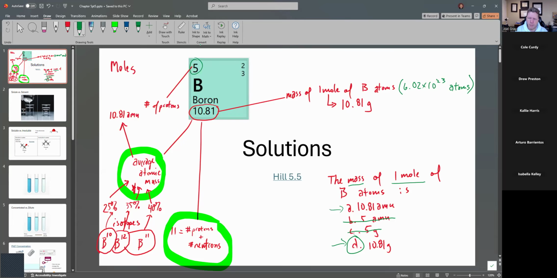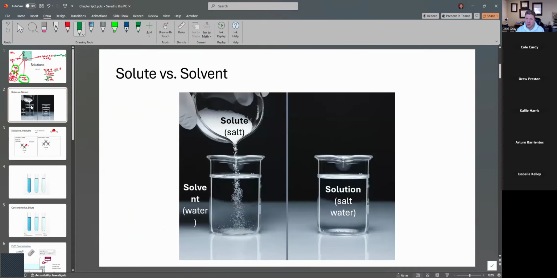Now, with that in mind, we are going to pivot, though not crazily. We are going to be moving on to talk about solutions because more times than not, when you are thinking about a liquid or something, it's actually a solution.